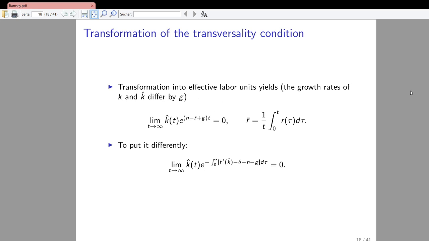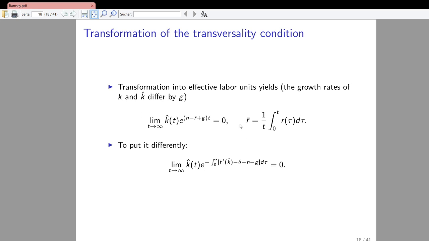And since the growth rates of capital and capital per unit of effective labor differ by the growth rate of technology, also the growth rate of technology shows up here in the exponent times t. So this expression has to be equal to 0, which then rules out Ponzi schemes in which individuals would indebt themselves indefinitely and pay back their previous debt by incurring ever higher debt.